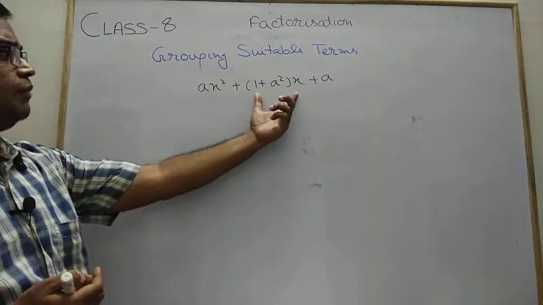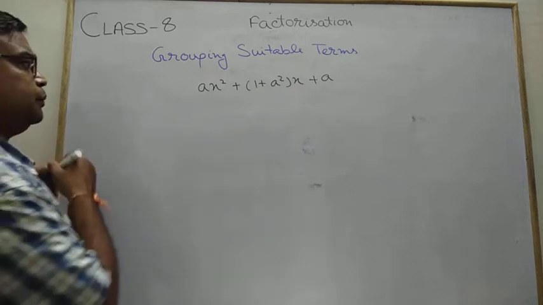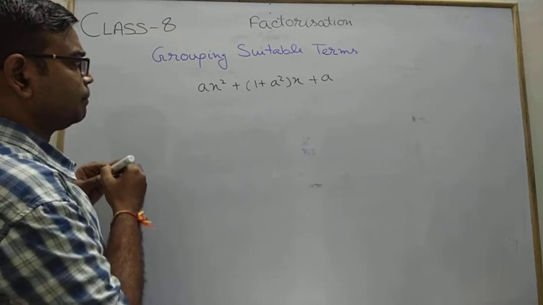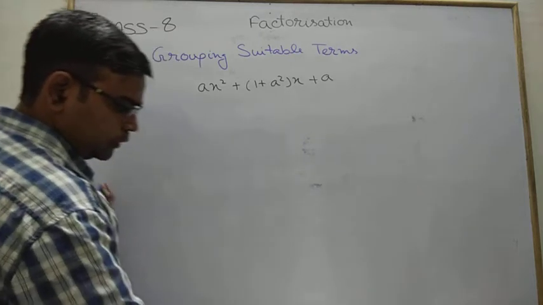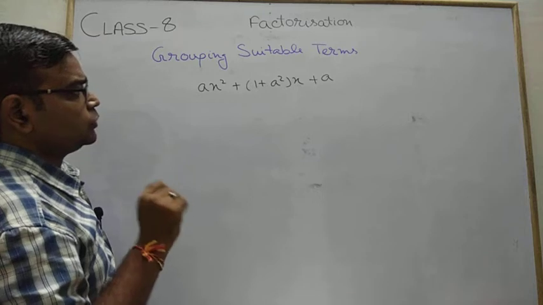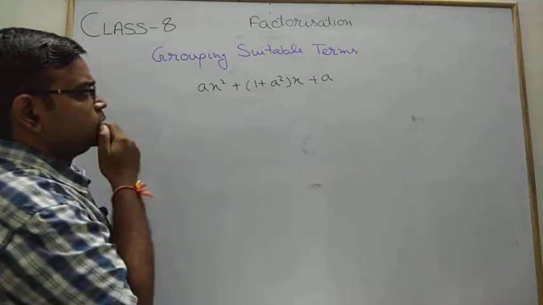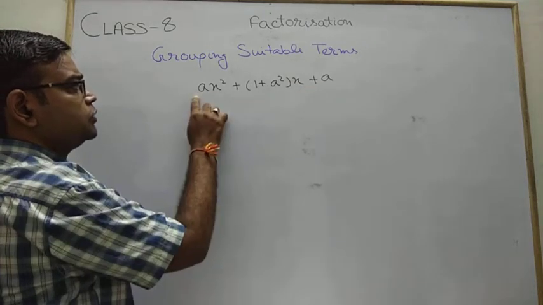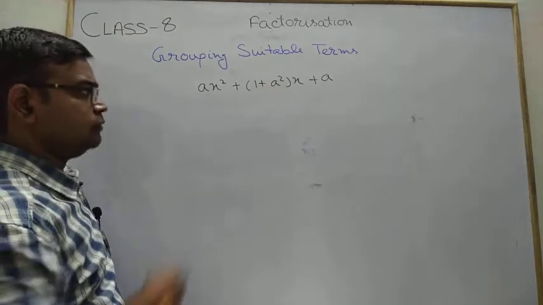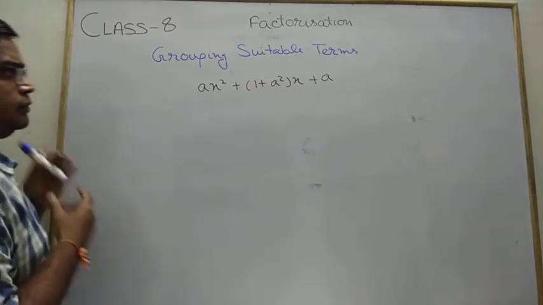Already this part is in factor form. Make a group, but here one thing is a little bit different about x². So I'm going to expand this one, because if I choose these two and take a common, we need a term with x², but there is no term with x².